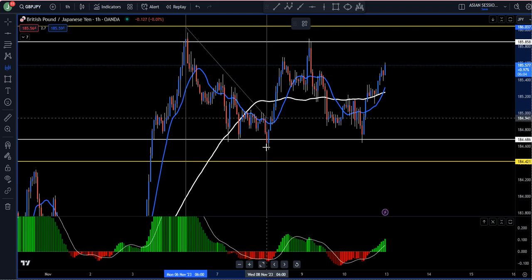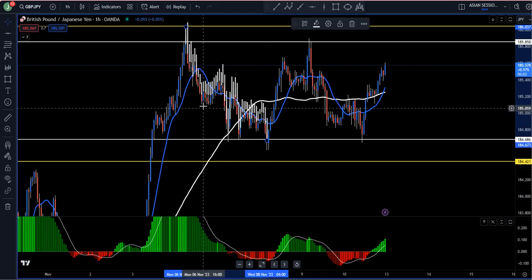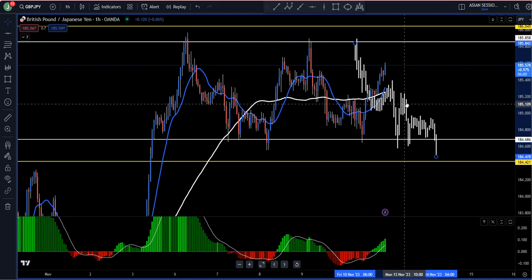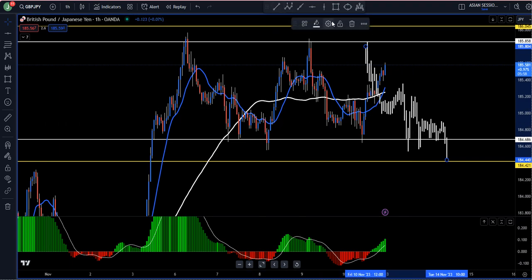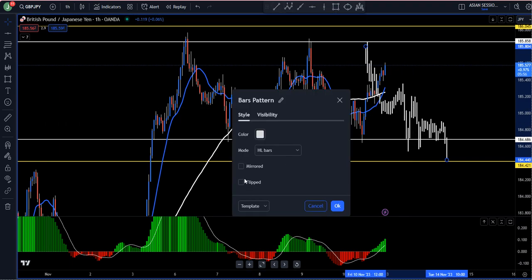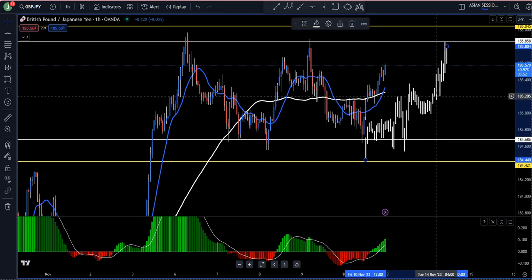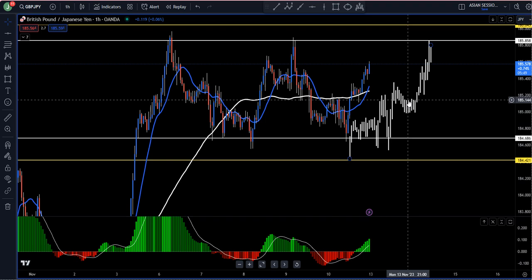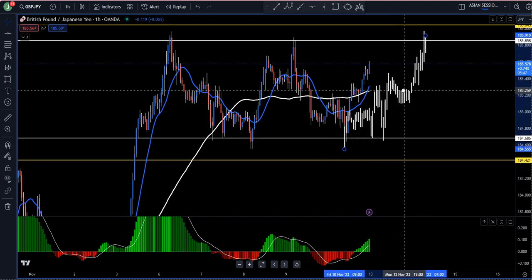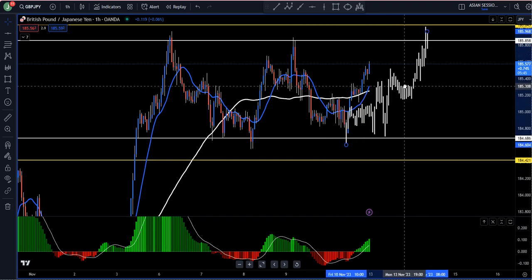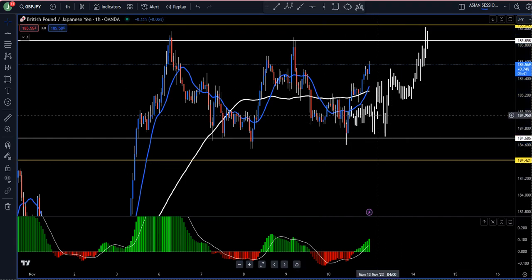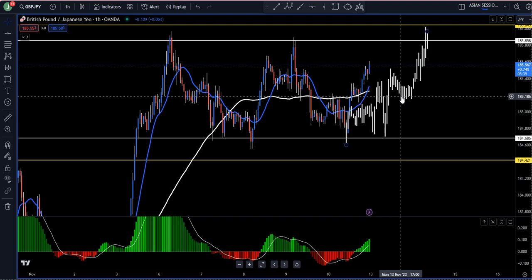Now, I do have previous videos where I explain how these bars work and why I use them. So I'm going to flip this, and I'm going to place it here. Now, these bars basically are additional directional support.